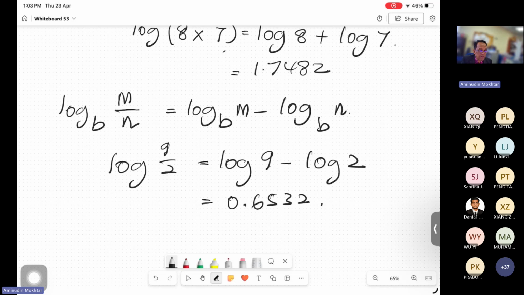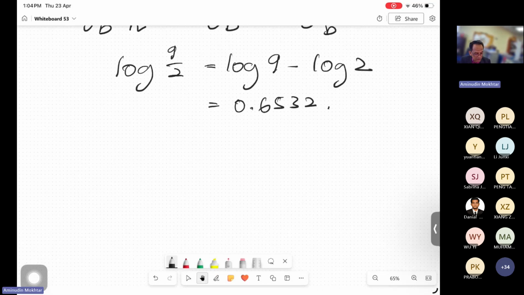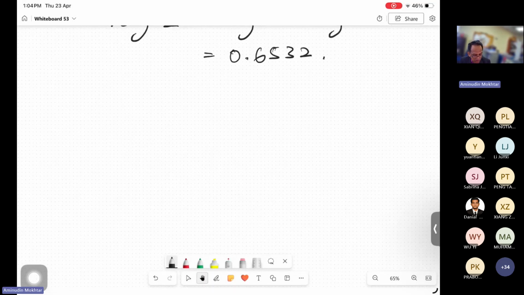Okay, the next one is log with a power. This is also important. Log base b of m to the power of n.